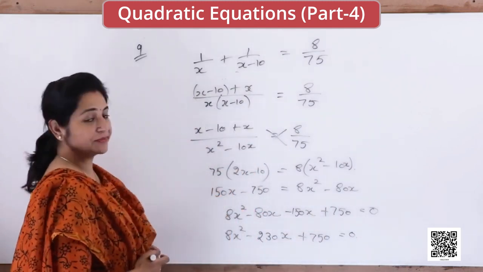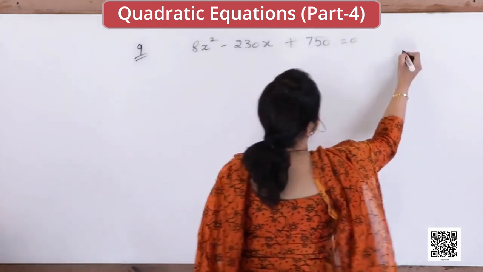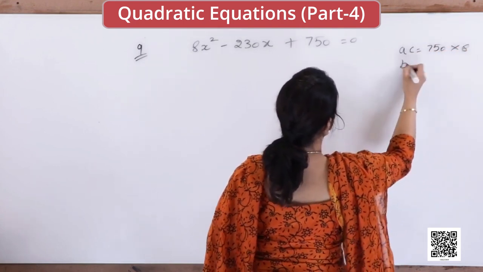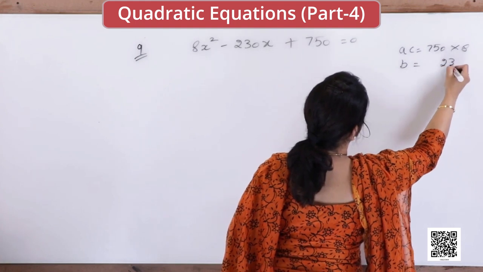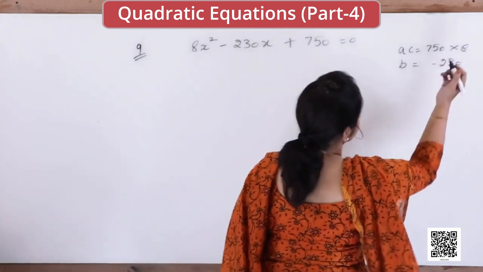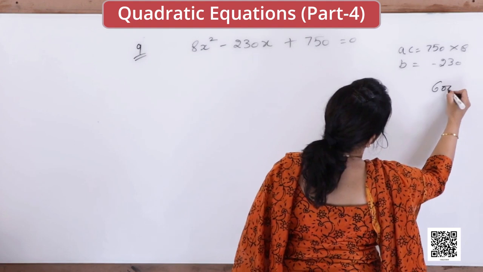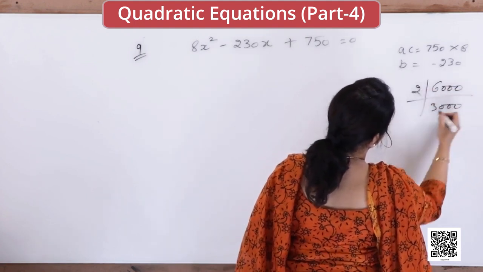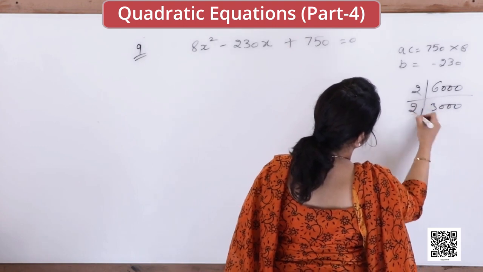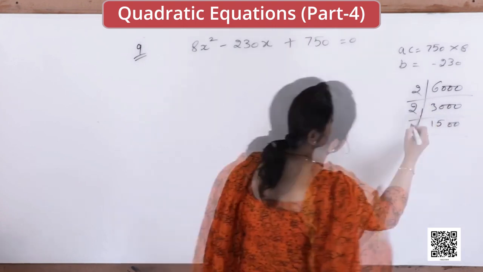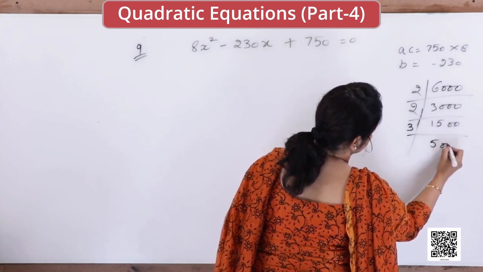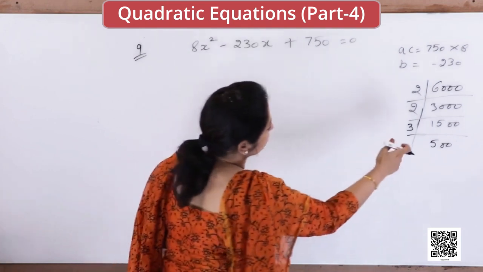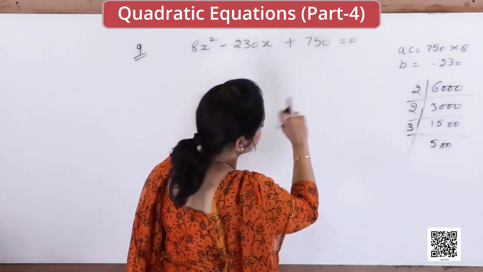Now we can factorize it. So AC here will be 750 into 8 and B will be 230 negative. So 750 into 8 is 6000. Now factorizing it, we can have 3000 and then, now if we ignore 0, we can see 20 plus 3 will make 23.